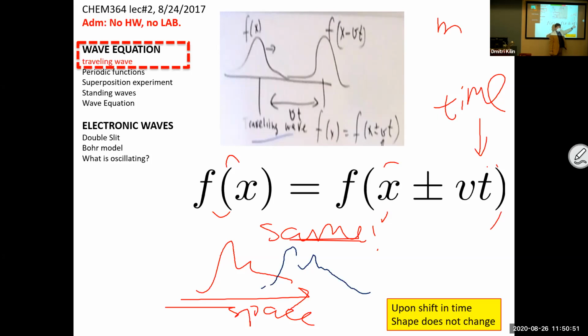And this amount of shift will be time dependent. So it will be exactly corresponding to a traveling hump. So the function with the origin shifted by velocity times time is the same as it was at time zero.